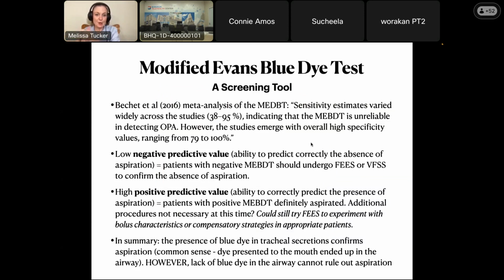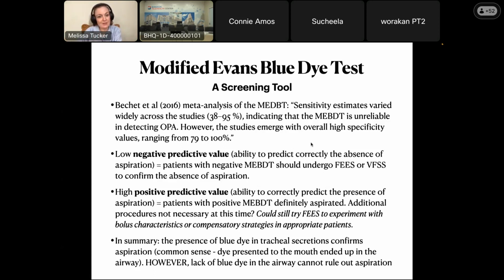It has a low negative predictive value, so the ability to predict correctly the absence of aspiration. So if you give the modified Evans blue dye test to a patient and they do not have return of the blue dye in their tracheal secretions, you don't know for sure that they're not aspirating, but that patient is probably a good candidate to go on and have a further instrumental swallowing evaluation, like a FEES or a video swallow.